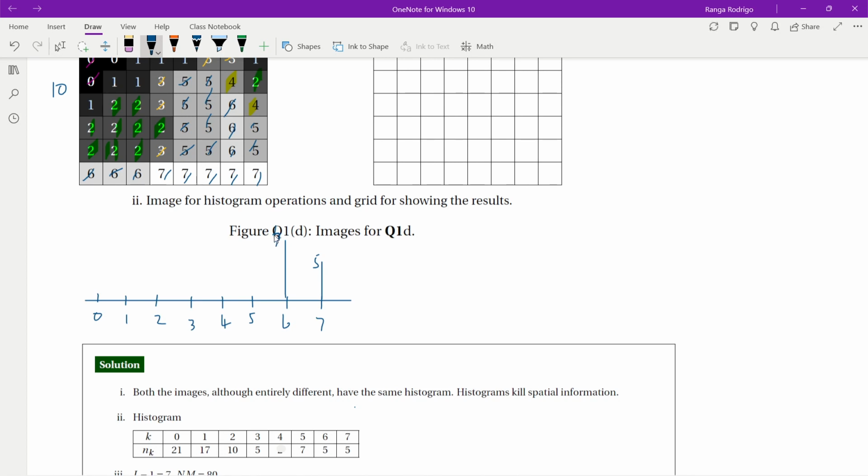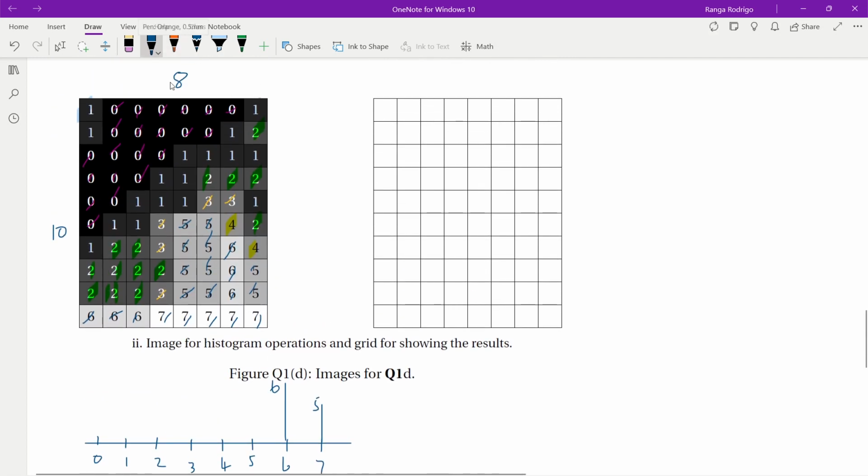Yeah, let's see if there's a mistake, we will correct. 5, 1, 2, 3, 4, 5, 6, 7, 8, 9, 10. 4, 1, 2, looks like only 2. With intensity 3, 1, 2, 3, 4, 5.